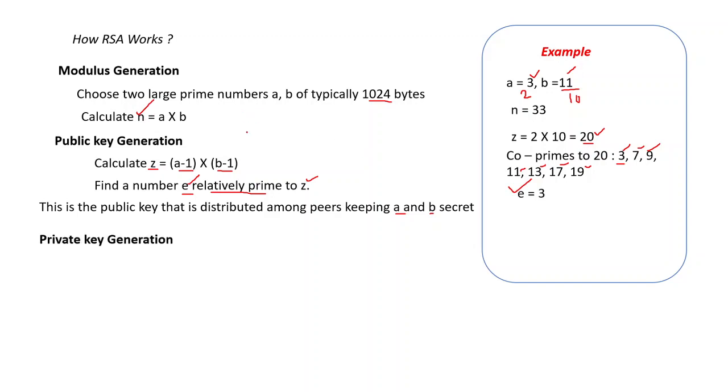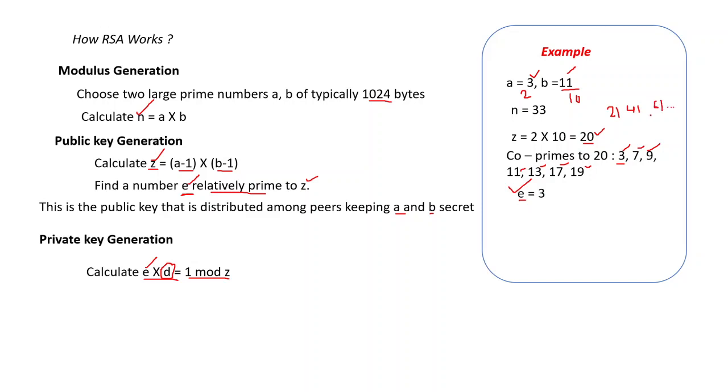Now we have to generate the private key. The private key is generated using this formula: E into D equals 1 mod Z. You get E from the earlier step, you get Z from the earlier step, and this D is your private key. In this example, we have E equals 3 and Z equals 20. For this formula, E into D can be 21, 41, 61 and so on.